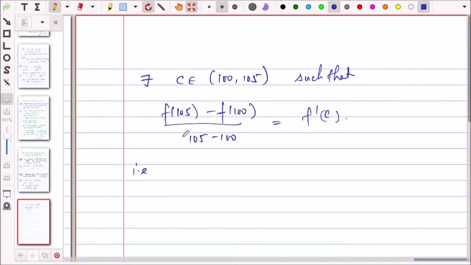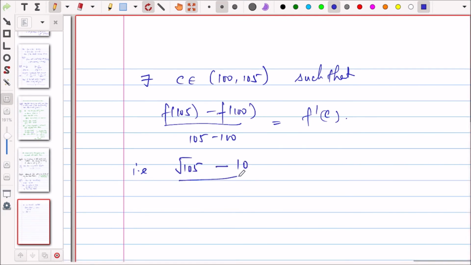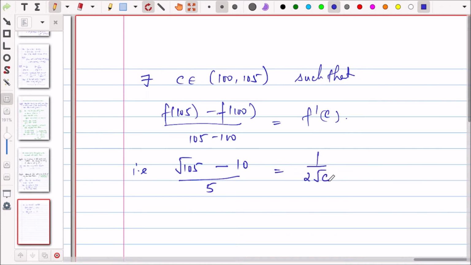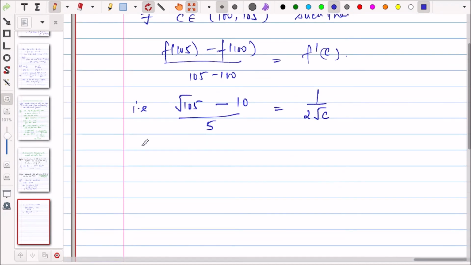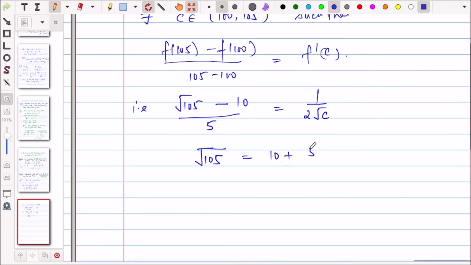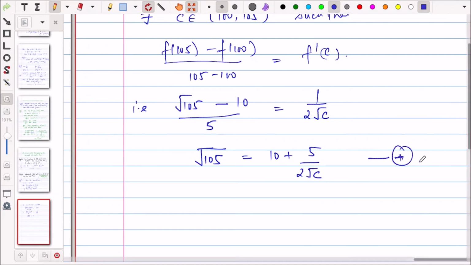So that is, root 105 minus root 100 upon 5 is equal to 1 by 2 root c, right? Yes, sir. If you simplify this, you will get root 105 is equal to 10 plus 5 by 2 root c. Mark it as star.